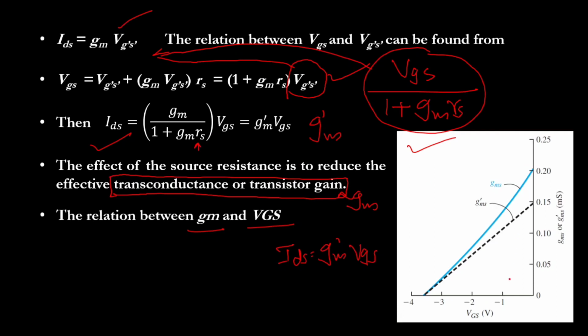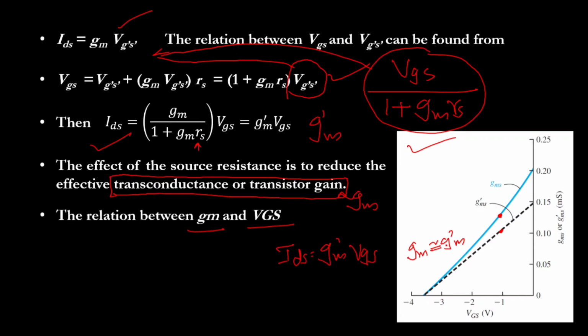As we increase VGS in the negative direction, at minus 1 volt you can see the gm value and the g'm value, and one is more here. As we keep increasing the VGS voltage, you can see gm is almost equal to g'm.